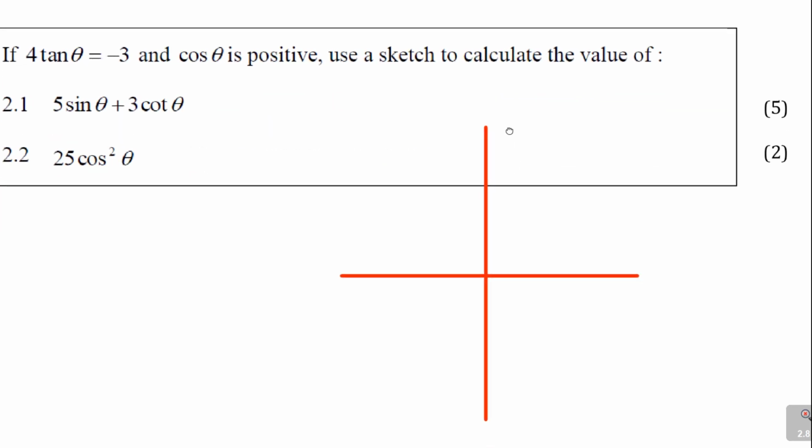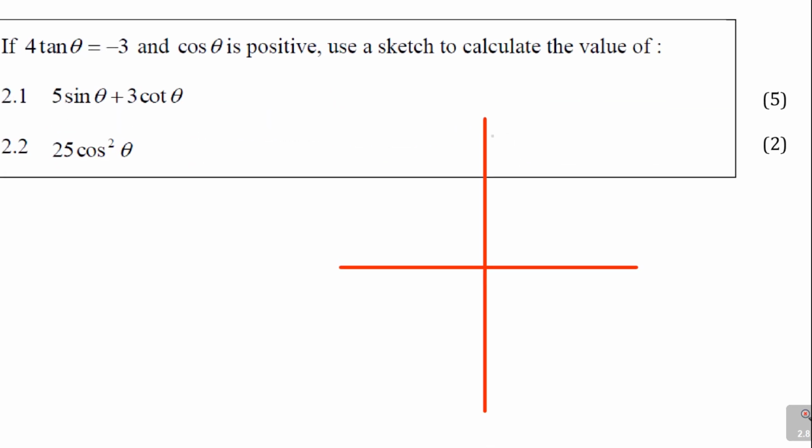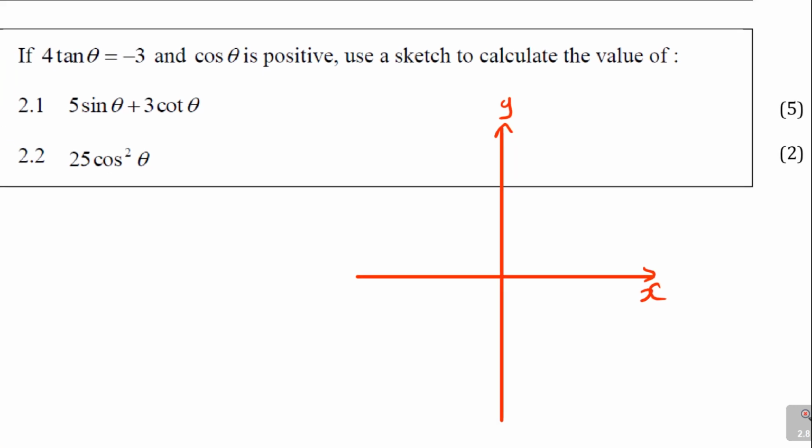So yes, you can come up with an arrow here to say this is my y, this is my x, but you also must know this is a Cartesian plane. All right, look at this. They're saying here, if 4 tan theta is equal to -3, obviously 4 times tan theta, how do I get rid of 4? I divide both sides by 4.